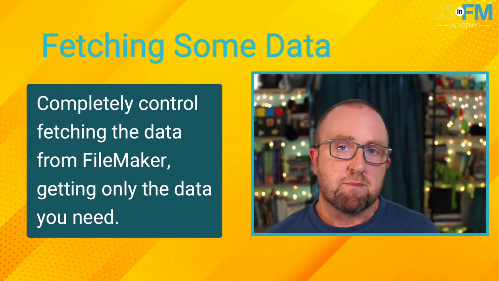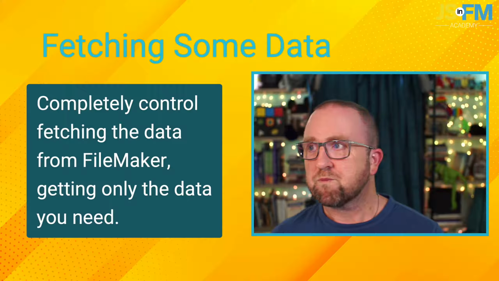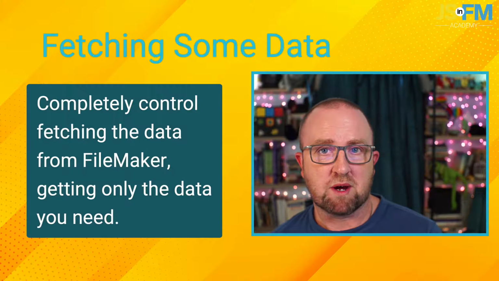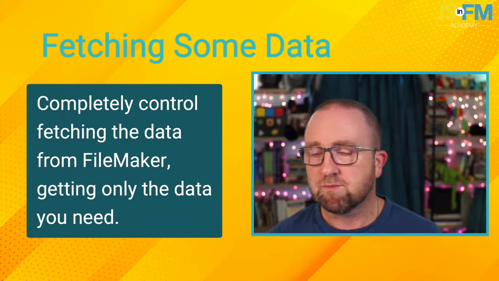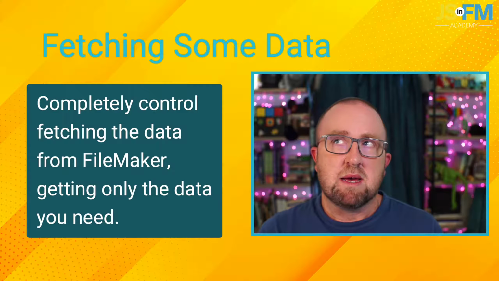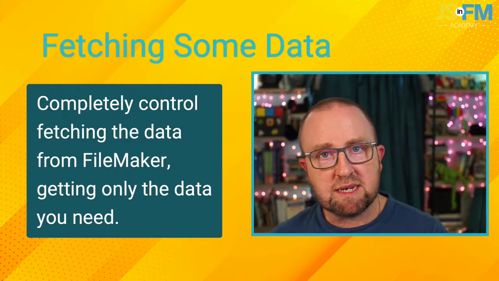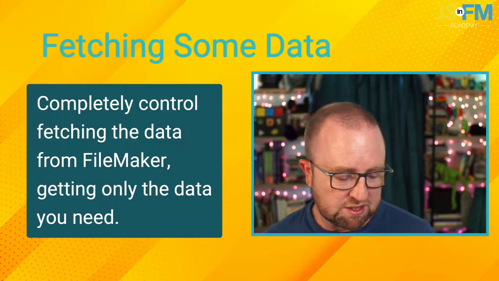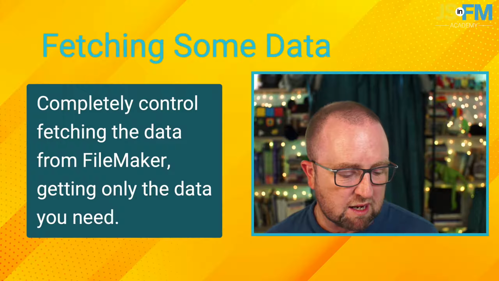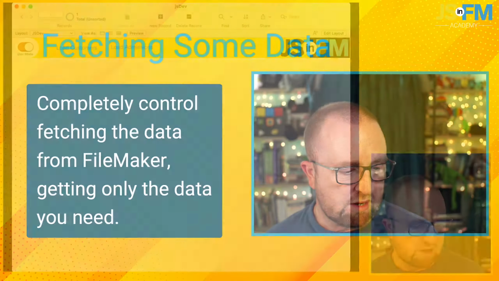But we can actually fetch only some of the data. 500,000 records is a lot to fetch, even using Perform Script on Server with the Execute Data API script step. But we don't necessarily need all 500,000 records because the user will only see a couple of them at a time, right?